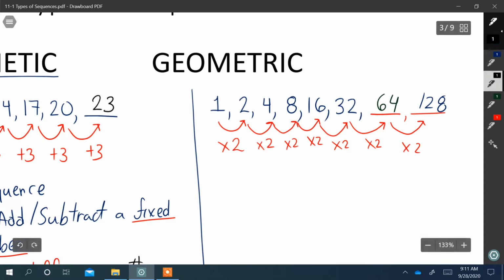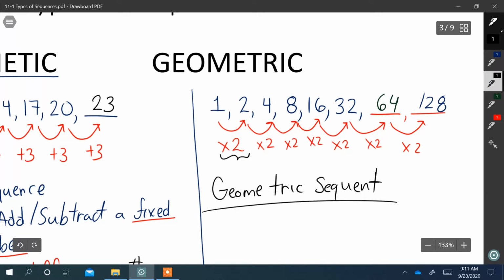Alright, so a geometric sequence, let me go back a little. It's going to be a list of numbers that is being multiplied by a fixed number, or being divided by a fixed number. So geometric sequences deal with multiplication or division, just to put it in very simple terms.